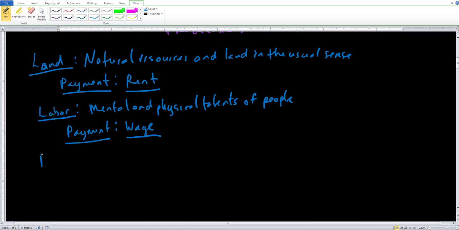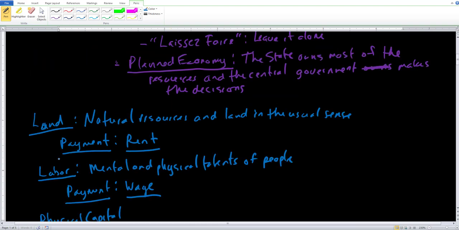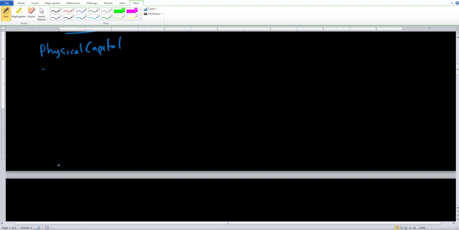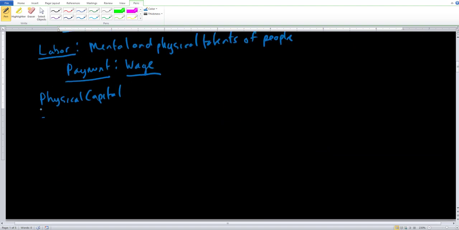Next is going to be capital, and we're going to say this is physical capital. There are other types of capital that we do take a look at, things like human capital and that type of thing. Here, we take a look at physical capital. So if we need to utilize some type of object or some type of tool in order to manufacture a final good or service that we're going to bring out to the market, that's going to be considered a piece of physical capital.